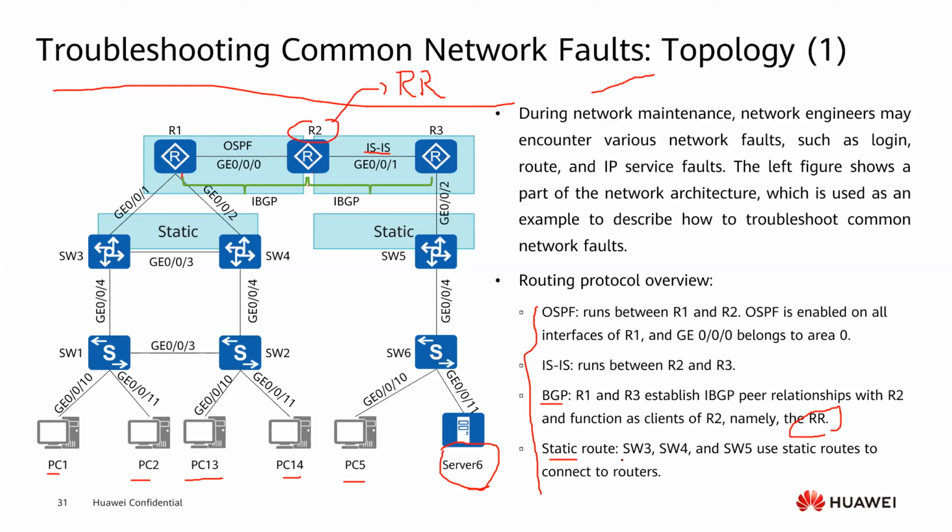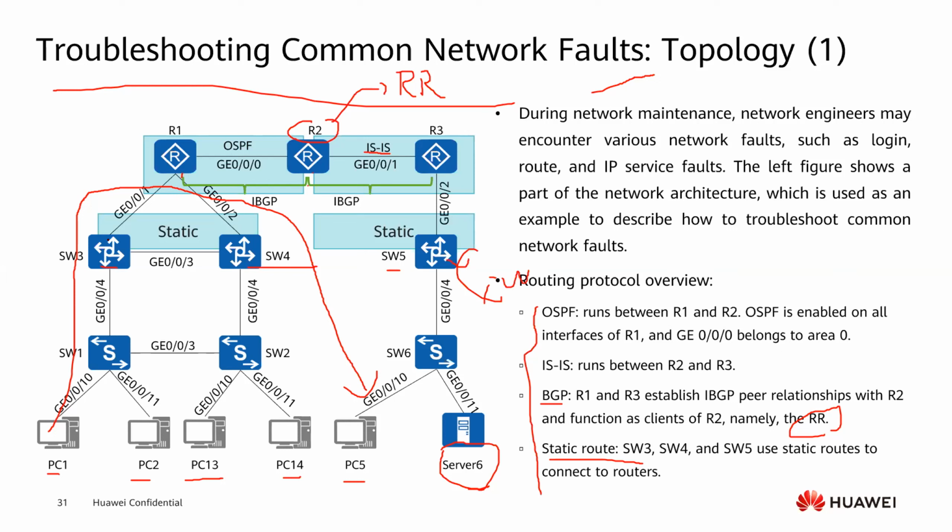We also use static routes for PCs to communicate with each other. They must send the packet to the gateway. The gateway is on SW5, SW4, SW3. This is the gateway.